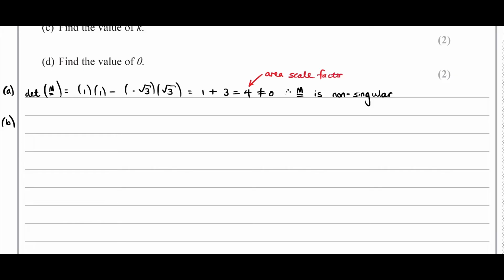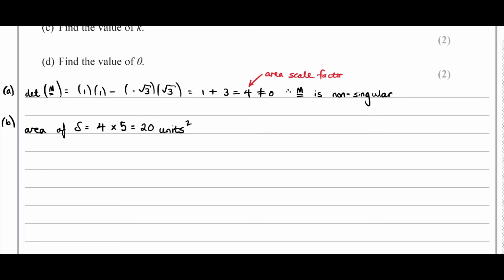And therefore, the area of S will equal 4, which is our area scale factor, multiplied by 5, which is the area of the hexagon. We end up with 20 units squared.